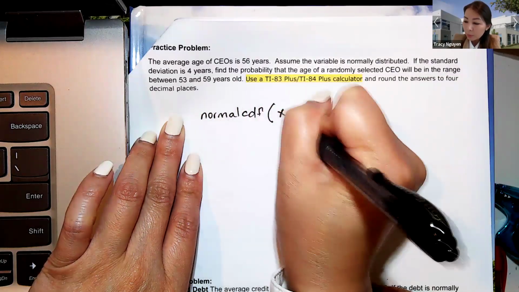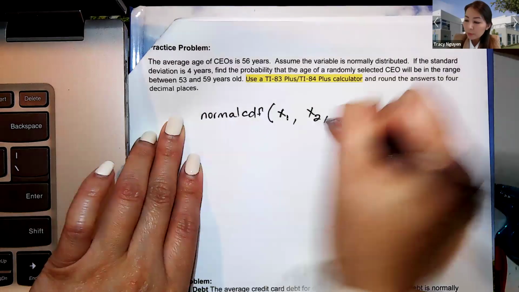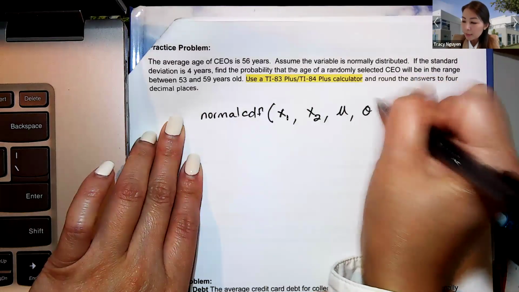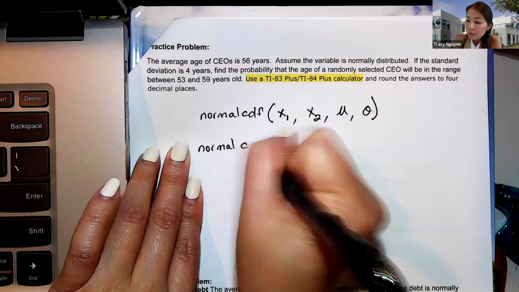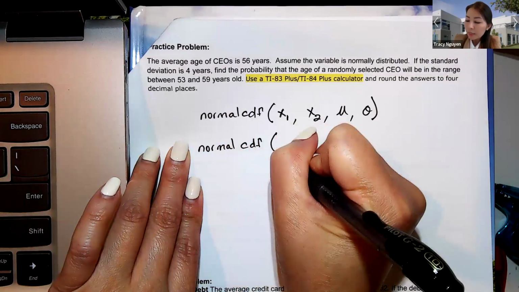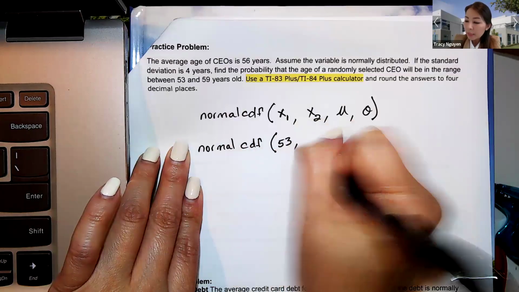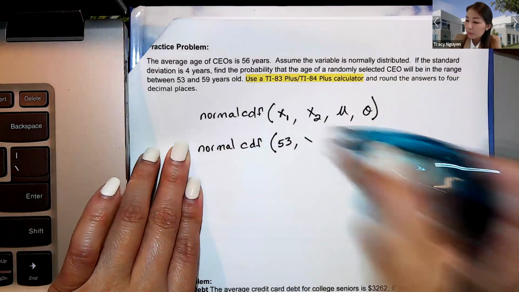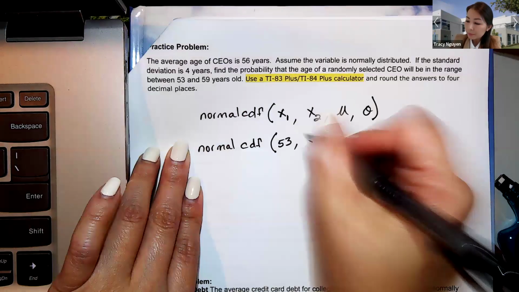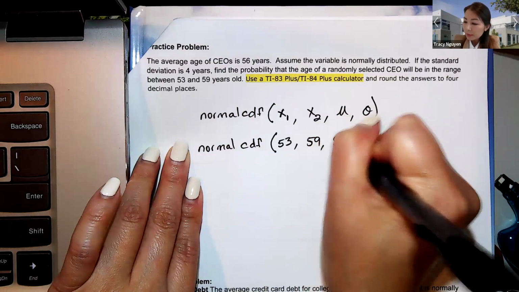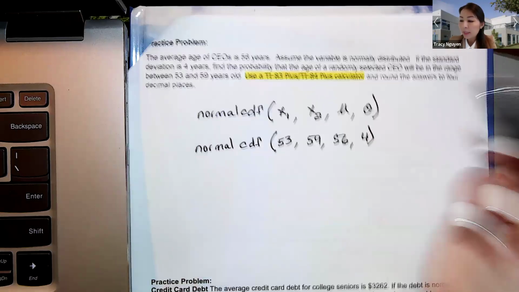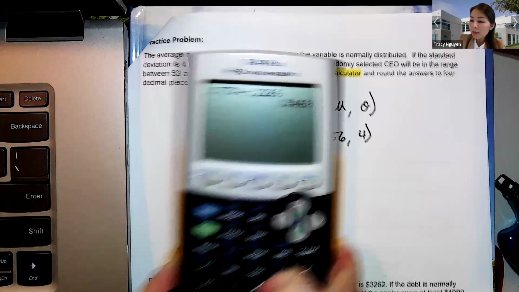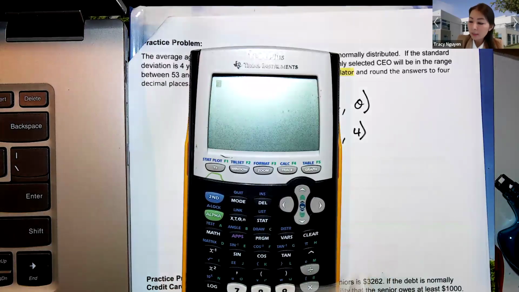Between, you have x1, x2, mu, and sigma, which means we apply to our problem normalcdf, x1 is 53, x2 is 59, mu is 56, and sigma is 4, okay? So that's what we're going to key in on our calculator here.